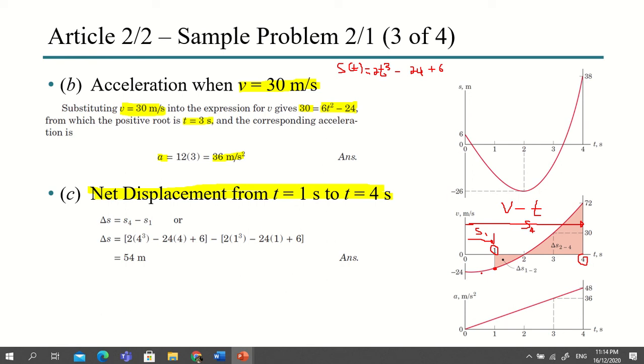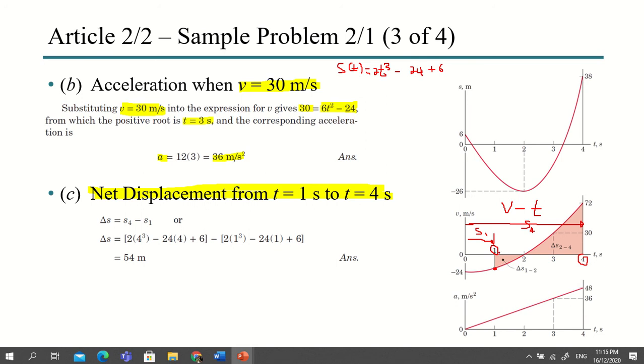After 1 second, the particle is already here. Then as it moves farther, at t equal to 2 seconds, we have this area covered by this curve and this horizontal line.